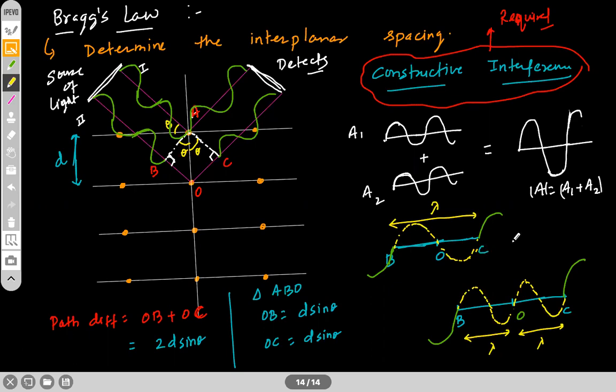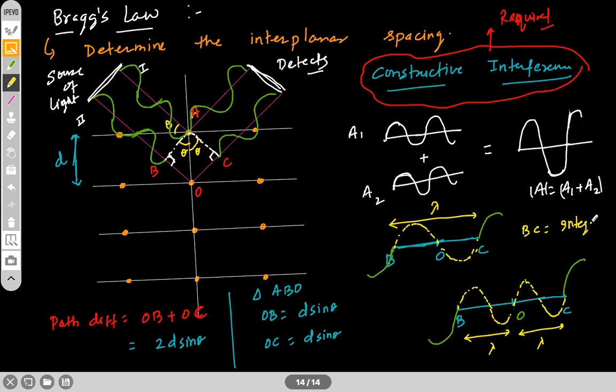So for BC, one possibility is one lambda, another is 2 lambda. Similarly, we can have 3 lambda, 4 lambda, 5 lambda, 10 lambda. It means the path difference, that is BC, should be equal to an integral multiple of the wavelength.